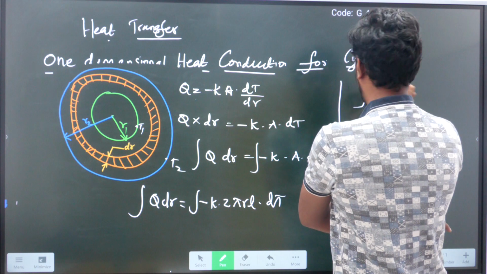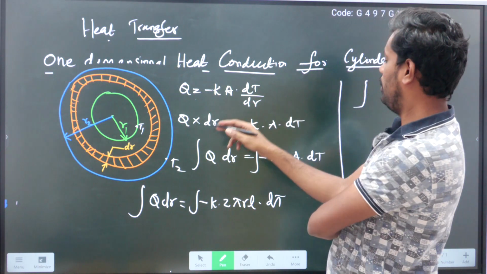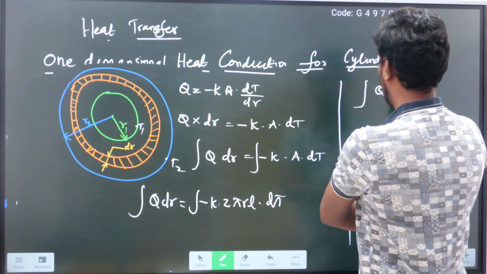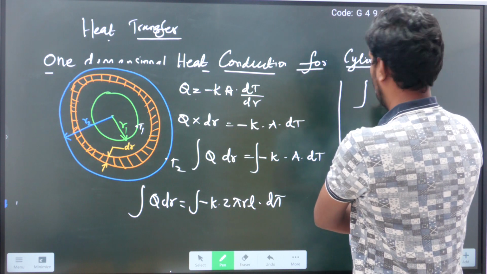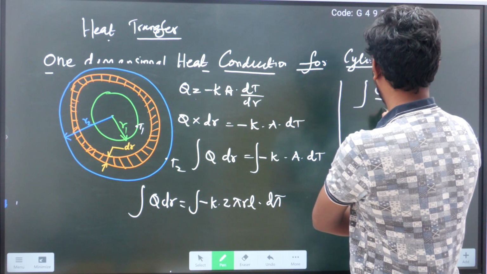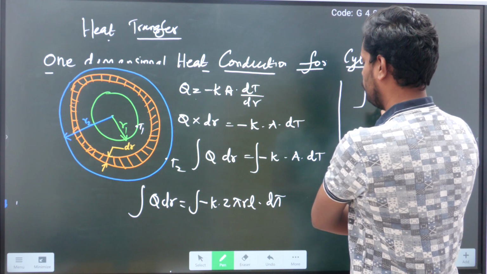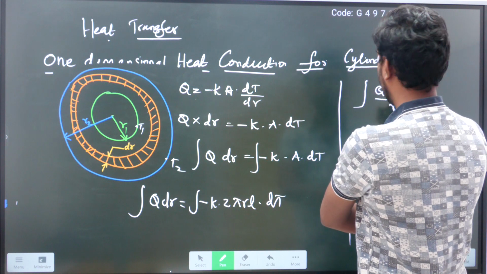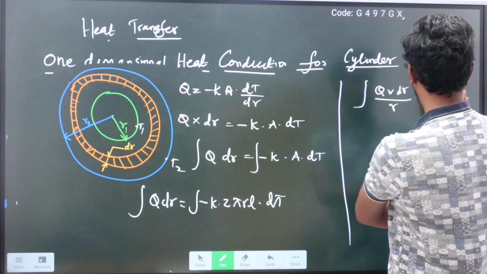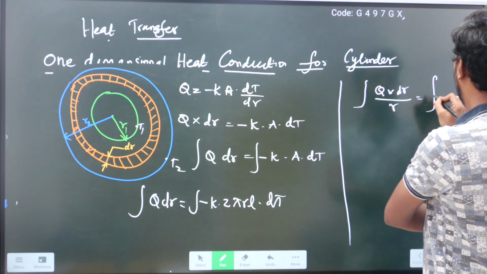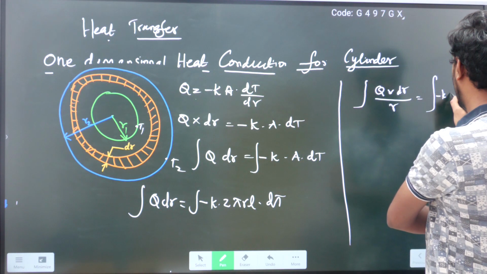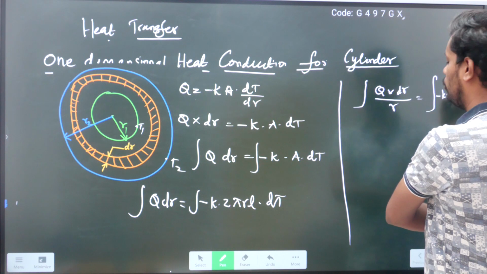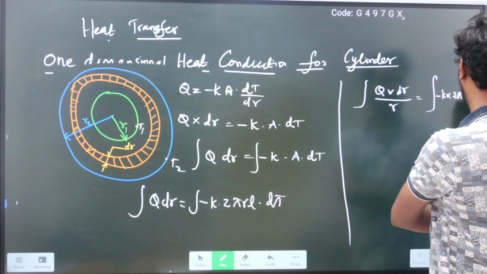So the integration of Q into dr divided by r, taking the 2 pi along, equals the integration of minus K into 2 pi dT.